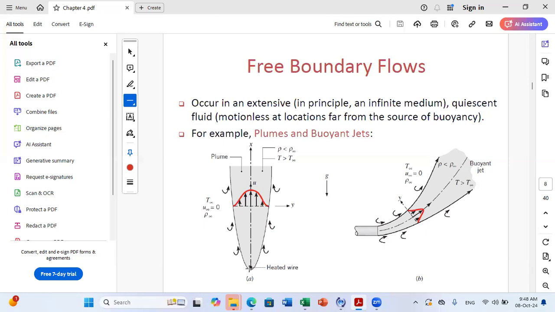This will induce entrainment of air from the outer environment and motion of air in the upward direction. This is what we call a plume. So whenever you have a hot object, you can observe the formation of a plume above it, leading to upward motion of air.